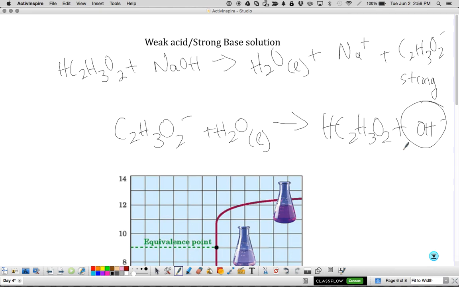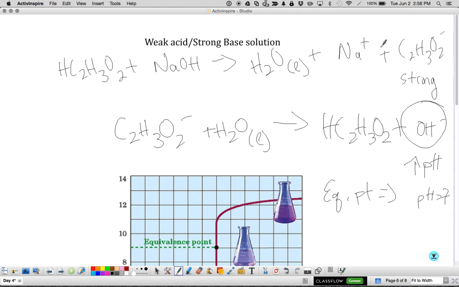And the fact that I generate hydroxide ion is going to increase my pH at the equivalence point. Okay? So here, the equivalence point is going to be, the pH is going to be greater than 7. Okay? And it has nothing to do with the fact that this is a strong base. Okay? It has to do everything to do with the fact that this is a weak acid. So its conjugate is actually a decently strong base.